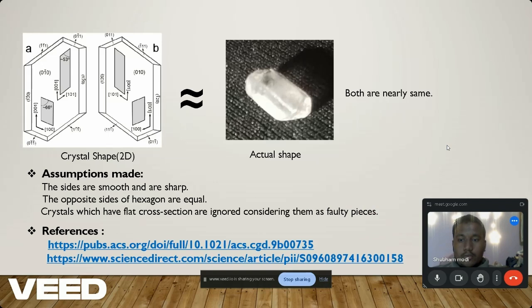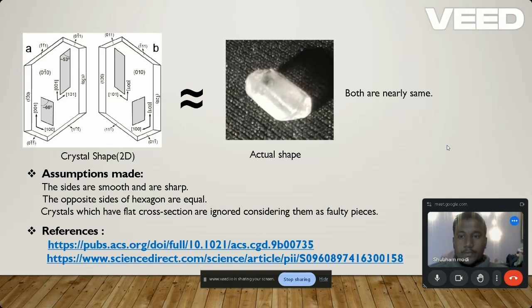Talking about the higher order symmetries, I can say that they are not available in this crystal because of the cylinder length, because of the slant length at the cross section, which means one side is lengthier than the other side, which means the crystal is slightly tilted.